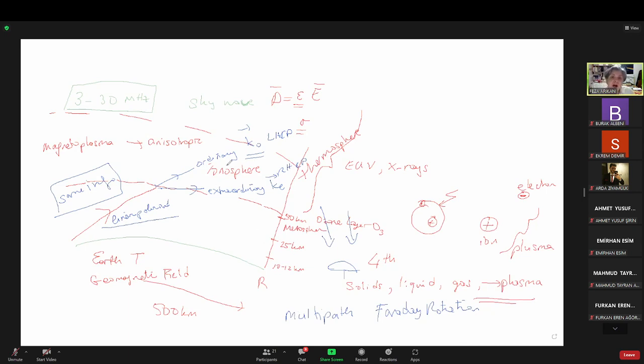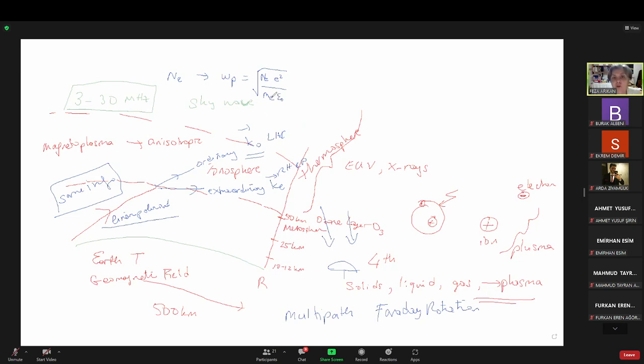And for how they travel in the ionosphere, the critical parameter of the plasma is the electron density. The characteristic frequency of the plasma is called the plasma frequency. It's made of Ne, the charge of the electron squared, divided by the mass of the electron times epsilon zero.